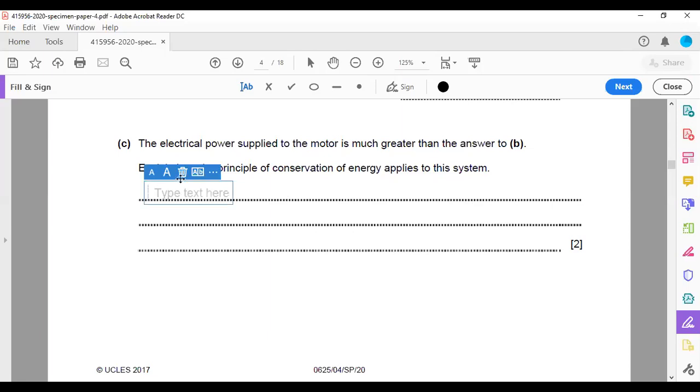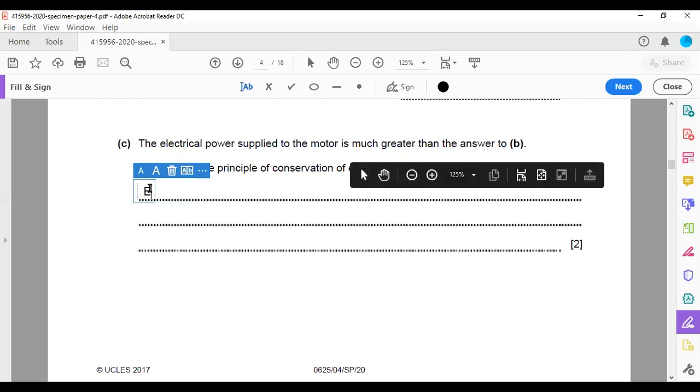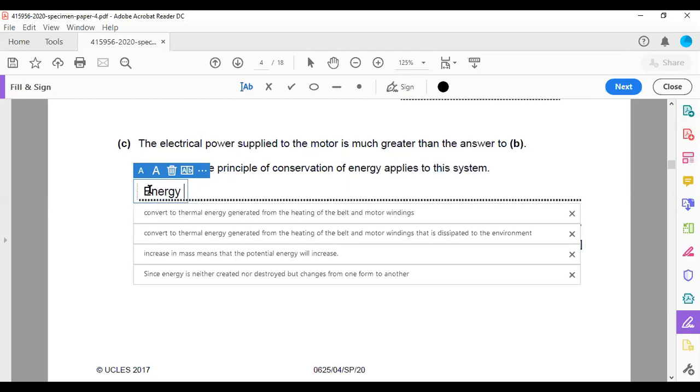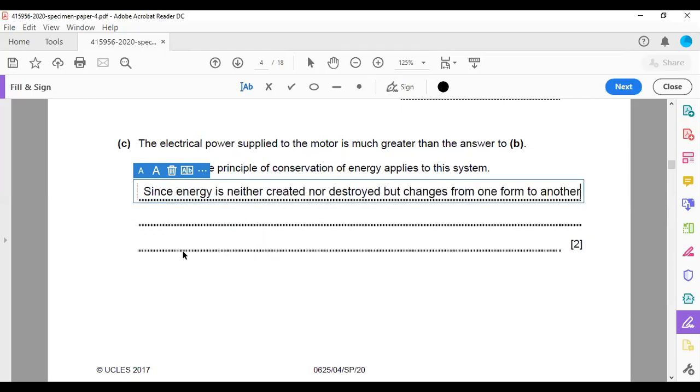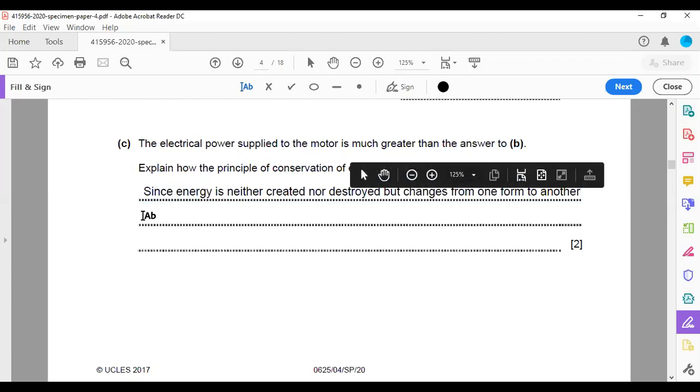We would have learned that the principle of conservation of energy states that energy is neither created nor destroyed, but changes from one form to another.